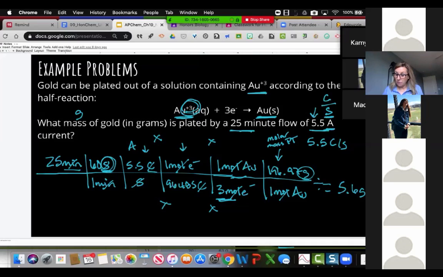Faraday's number gets us to moles of electrons. The charge gets us to moles of solid metal, and then the molar mass gets us to grams. These look really confusing, but once you do a couple of them, they all follow that same process. If it was going in the opposite way, they would tell you how many grams, and then you would just work backwards to get to minutes. Any questions about that one?